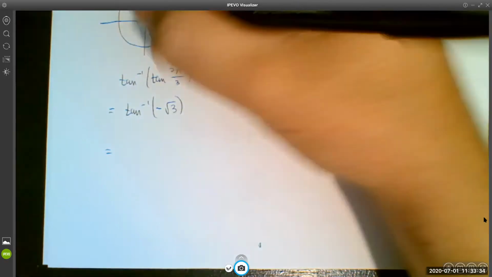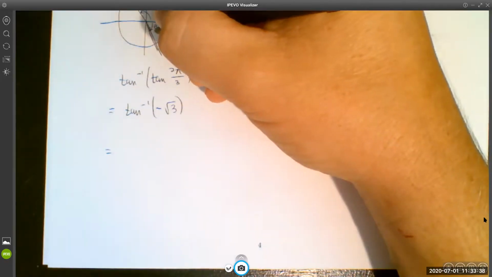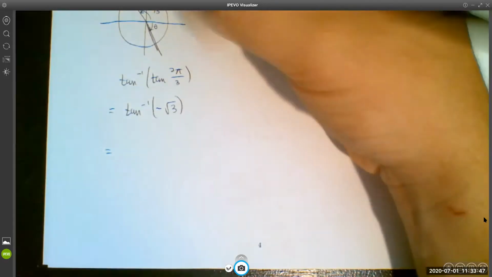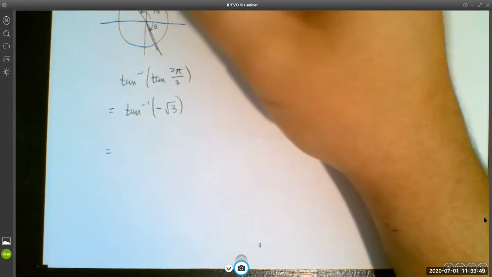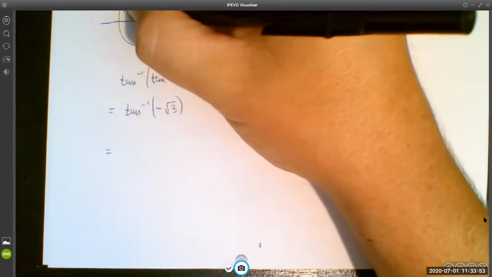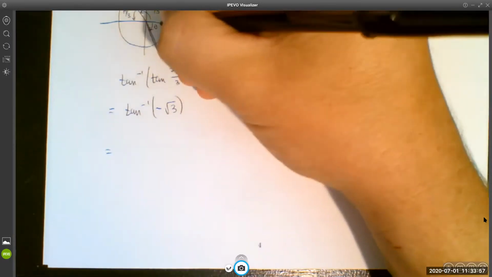But it should have, well, let me think about this. It should have the same reference angle as 2 pi over 3, which was pi over 3. So it should still have a reference angle of pi over 3.